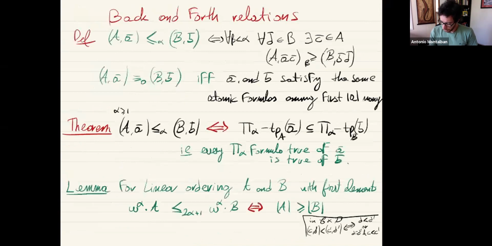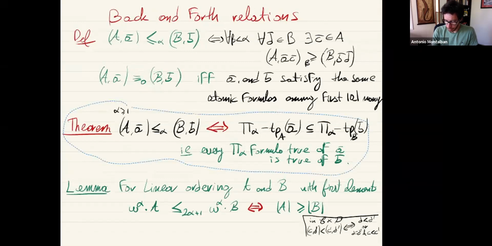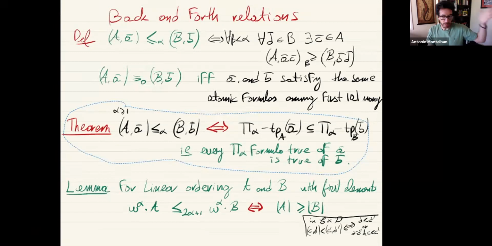Okay, so the plan for today was the following. I wanted to show this theorem that we left from yesterday, which we used a lot. And then I wanted to talk about the topological versions of Scott rank that we mentioned before.